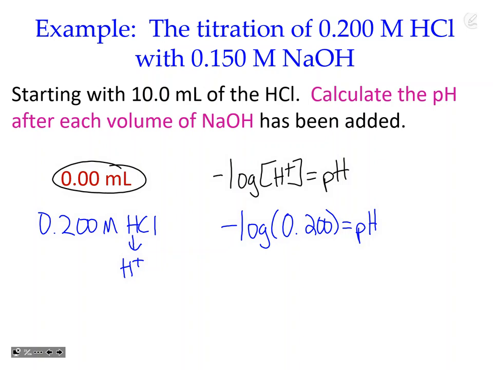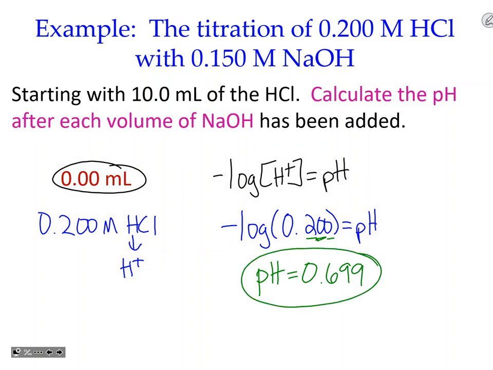Yes, we're going to go with that, except there's 3 significant figures in our concentration, so I'm going to keep it at 3 decimal places. So 6.99 looks good to me. That is our initial pH to start off with at the bottom of the curve. So easy enough. Not too bad.